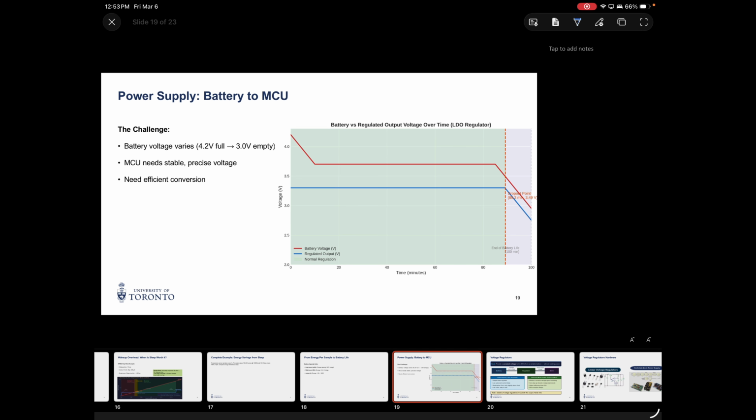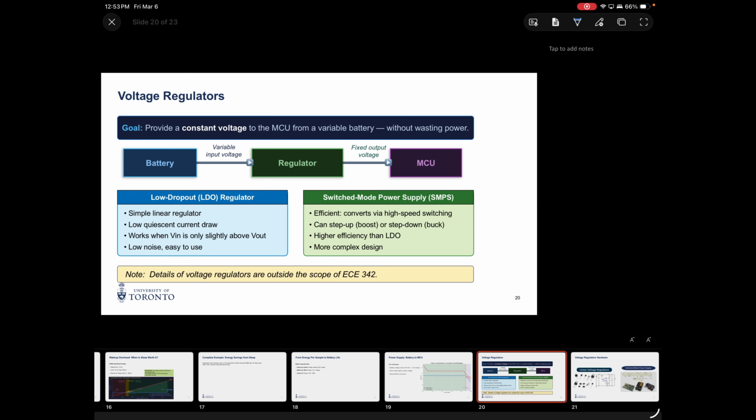So it needs a stable voltage. What should you do to keep it stable? Whatever is happening with your power supply or your battery draining over time, you can't have that exactly translated to the MCU. MCU needs a stable voltage.